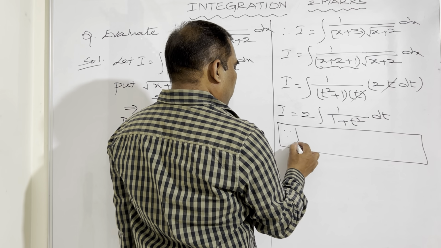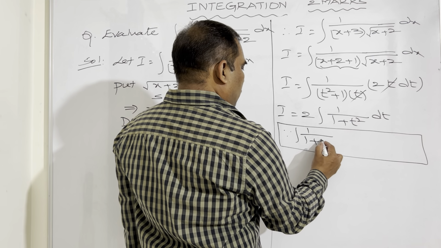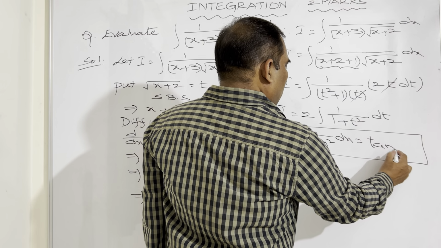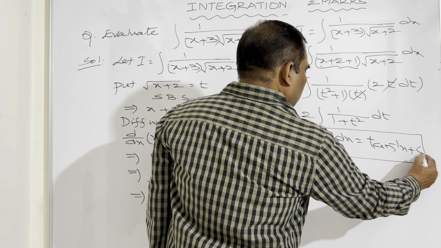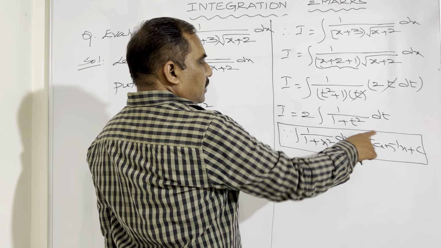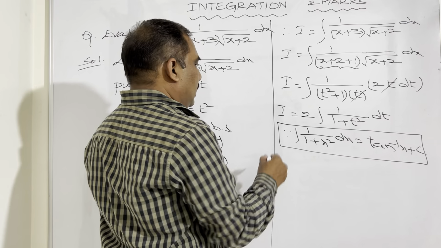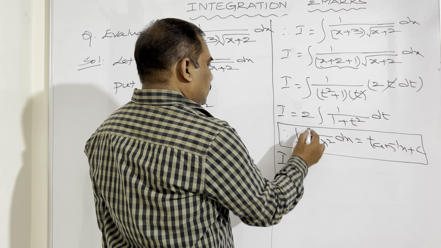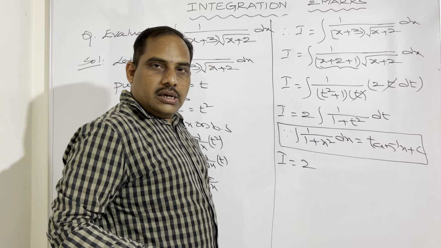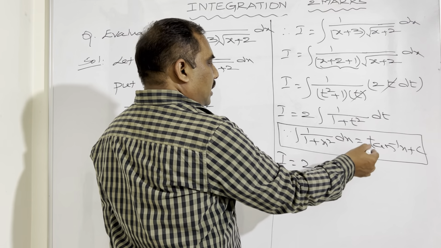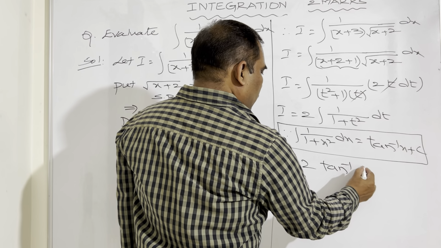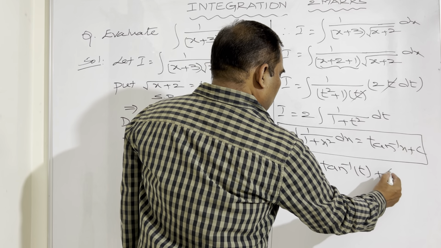Now this integral 1 by 1 plus t square is in the form of integral 1 by 1 plus x square dx. We know that the standard form, the integral of 1 by 1 plus x square dx, is tan inverse x plus c. So this can be written as 2 into tan inverse t plus c.